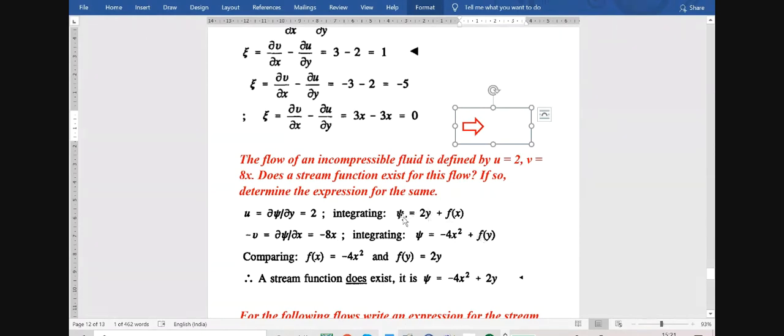So now we got ψ is equal to 2y plus a function of x, and ψ is equal to minus 4x square plus a function of y.